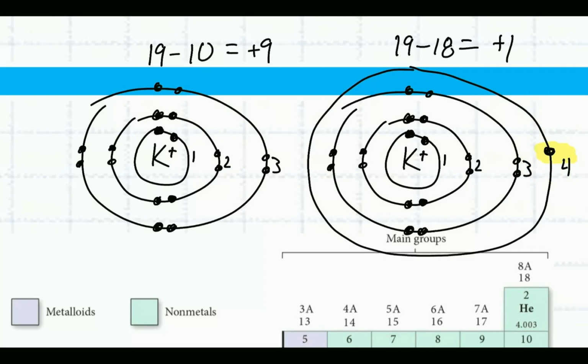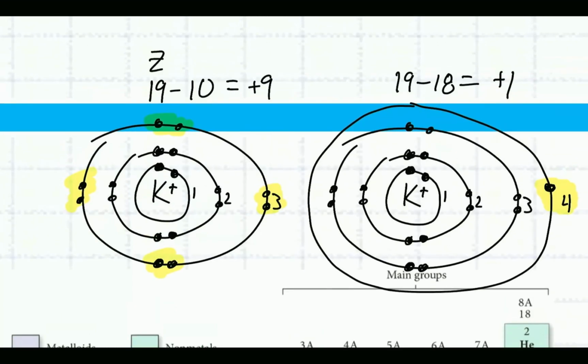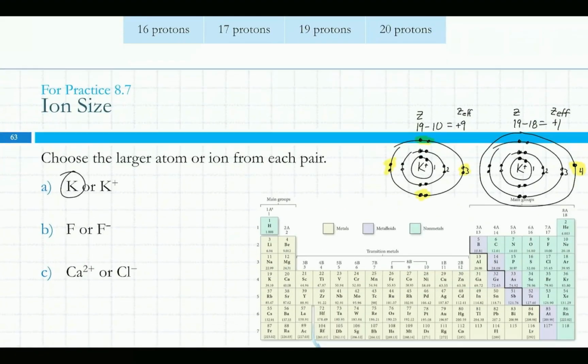That's for this one, and this is for these. We changed what the valence electrons are. Potassium has 19 protons. So this is the Z, and then this is Z effective.